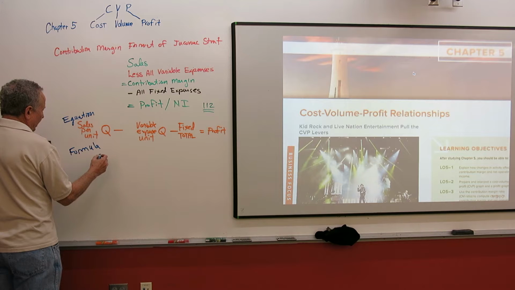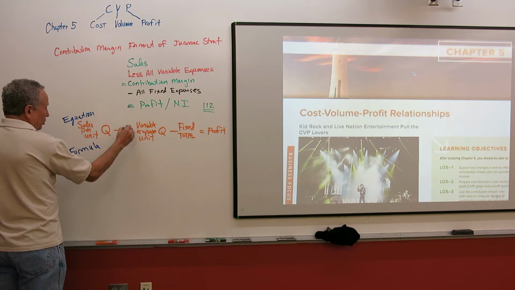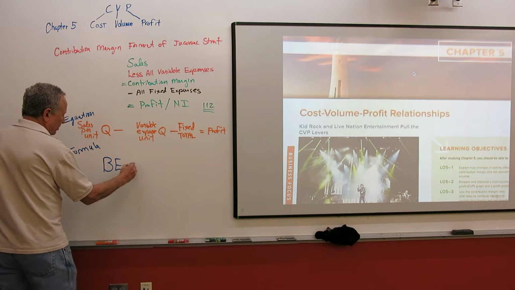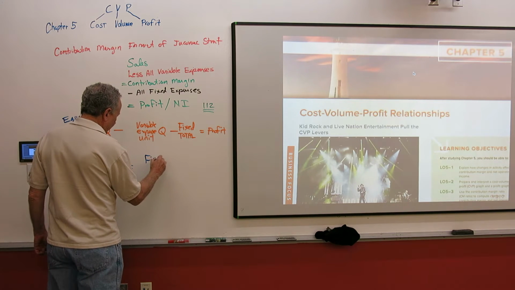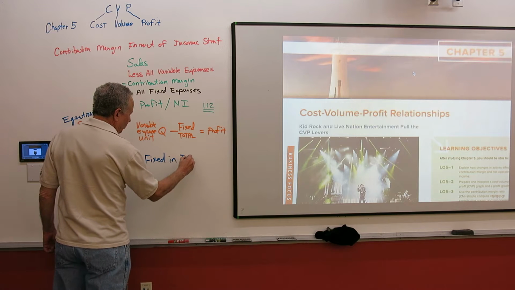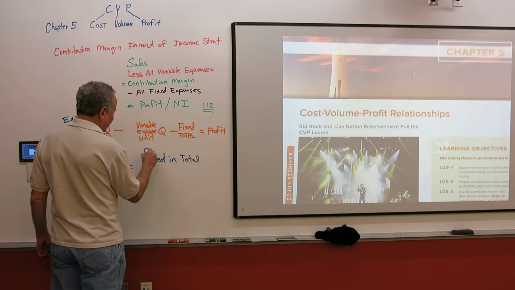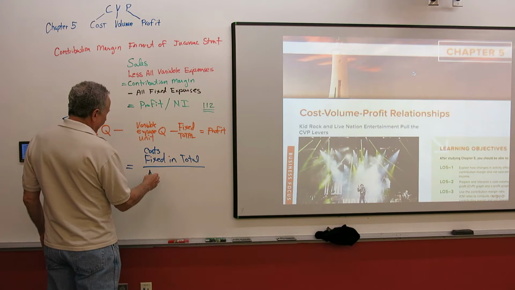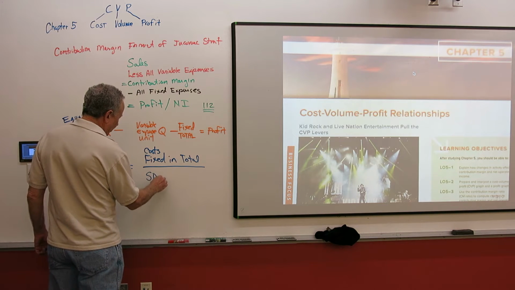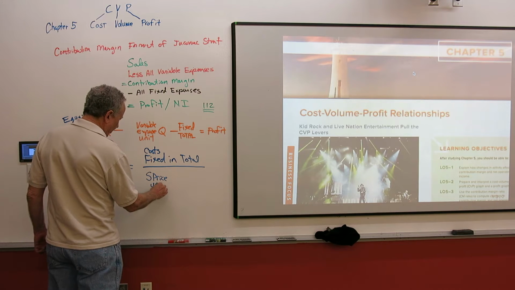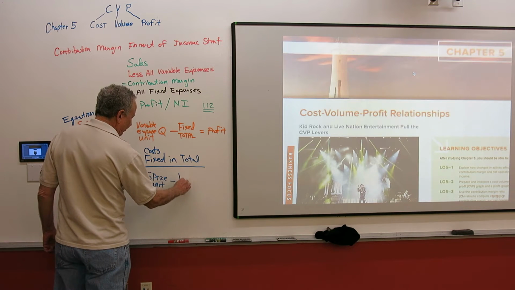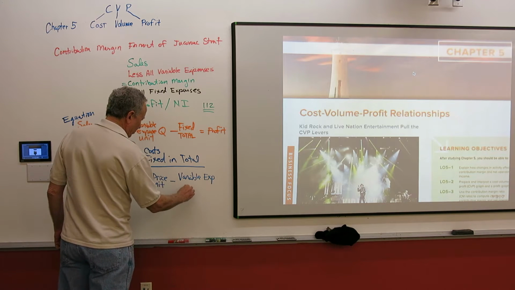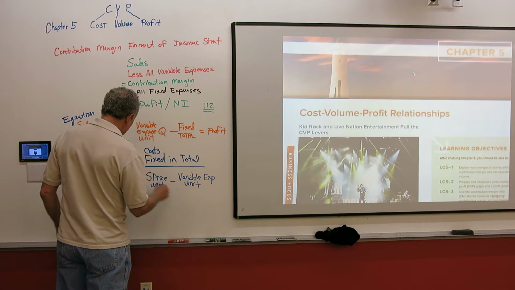And he says there's a shortcut where you can just say, well, it's a derivative of this equation right here. Break even is equal to fixed in total. That means fixed costs or expenses, fixed costs in total, divided by, again, take the sales price per unit minus the variable expense per unit, and you'll get break even.